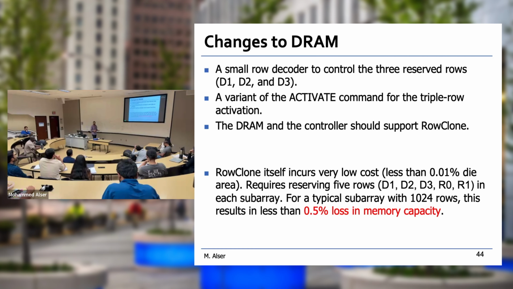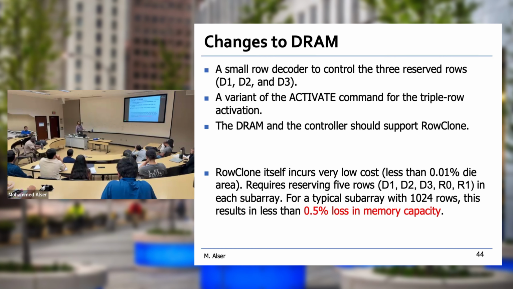We need it for Ambit. There are the three rows that we deal with, A, B, and C. And there are the zeros and ones that we need to copy to the C, depending on the operation that we are going to do.